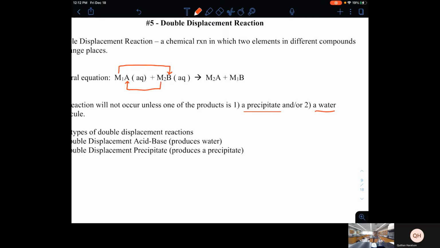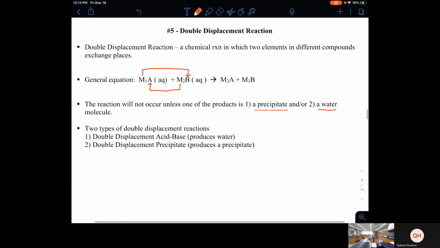So we've got to get a precipitate and/or water, which means that, let's go over this really quick and make sure everybody's clear. When it comes to a precipitate, don't forget that that simply means that if I mix two things that are liquids or in the aqueous state, and all of a sudden I get a solid on the product side, then that solid is referred to as a precipitate. So that is our precipitate. So either a precipitate or water being produced.